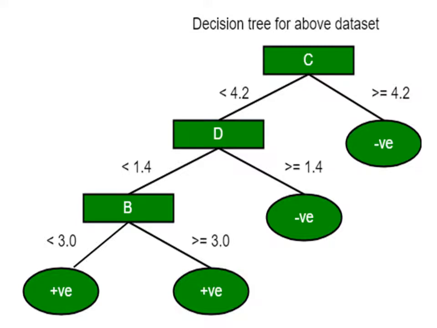Then the next level we have to find out, the next level subtree, and leaf nodes, etc. So we have to follow this step recursively. Finally, we will get the tree like this. So this is the example decision tree for the example which we have taken before.